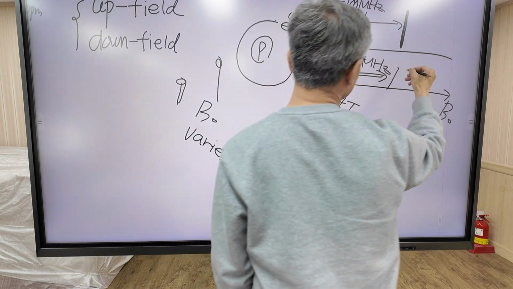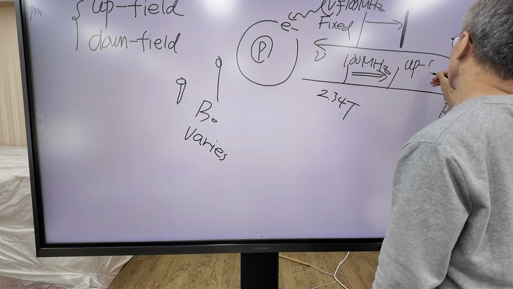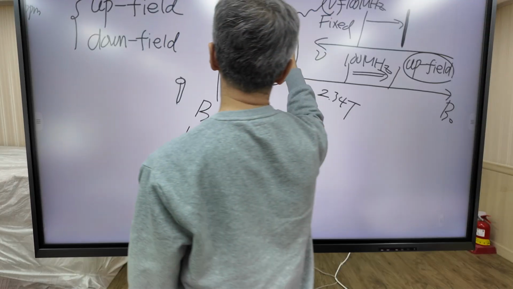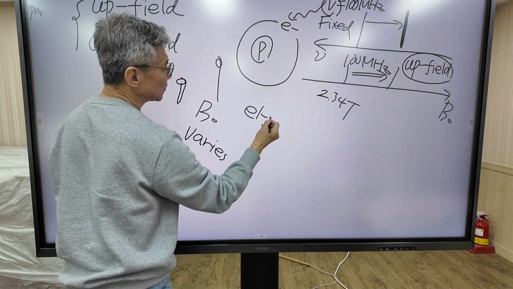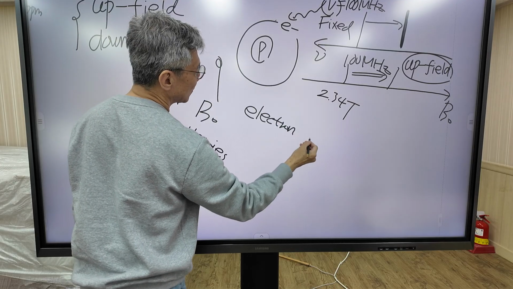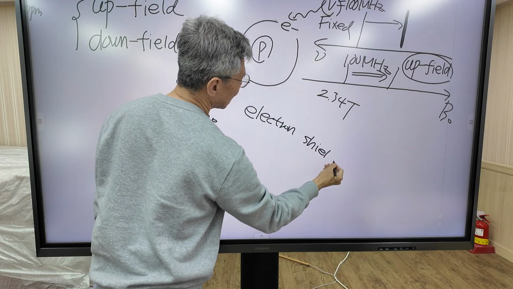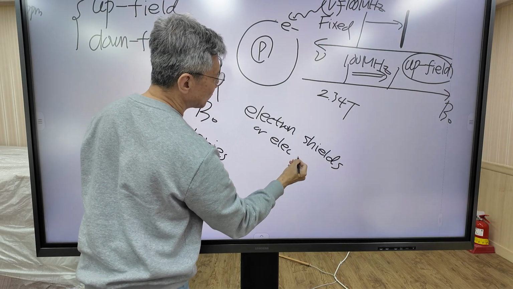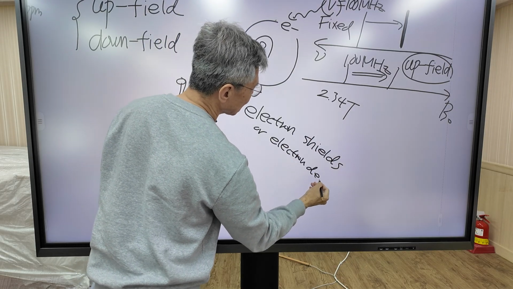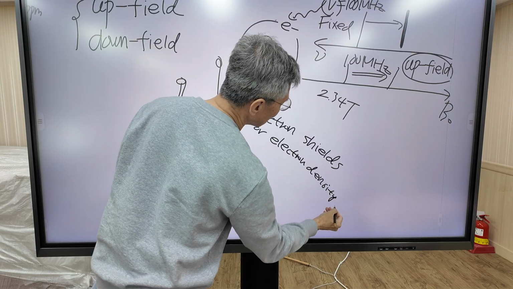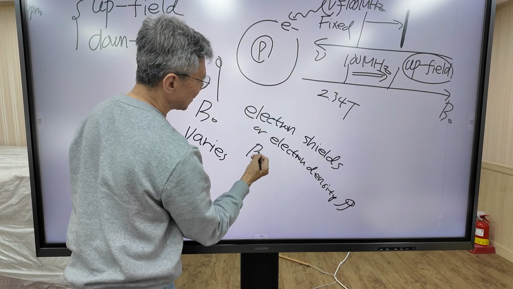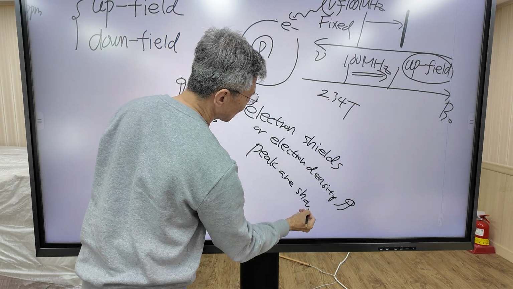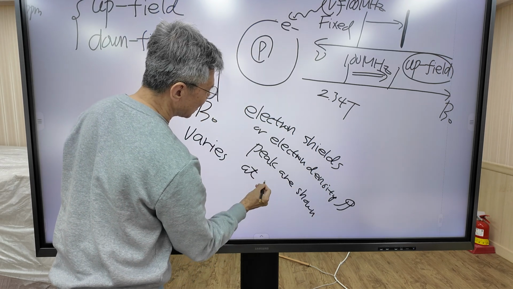So this direction is called upfield. So we say that when electrons shield, or electron density increases, peaks are shown at upfield.